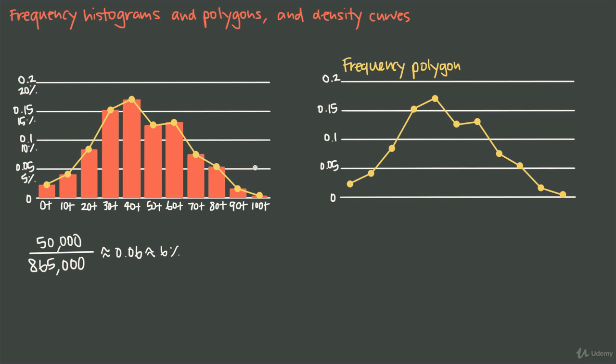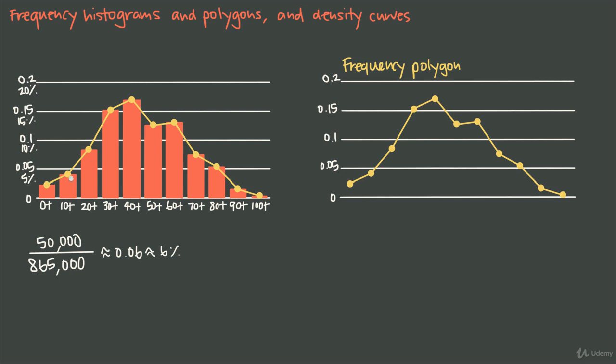If we only used 3 buckets instead of the 11 we have here, then our polygon might be really abrupt connecting the tops of those 3 bars. But since we've used 11 buckets, our polygon can follow this a little more closely. The more buckets we use, the more bars we have here, the more closely our polygon is going to follow the tops of the bars.